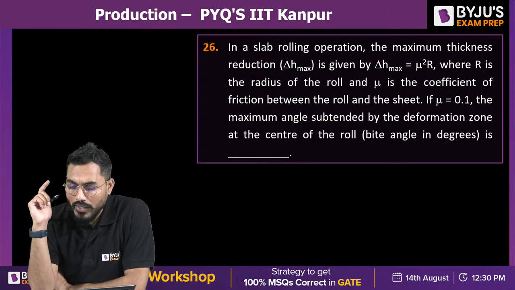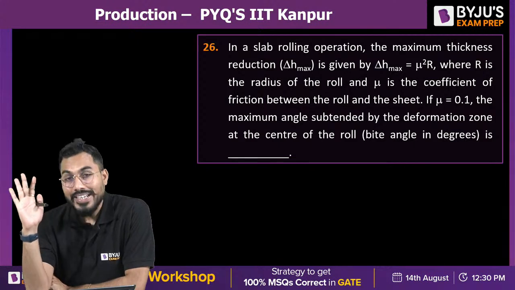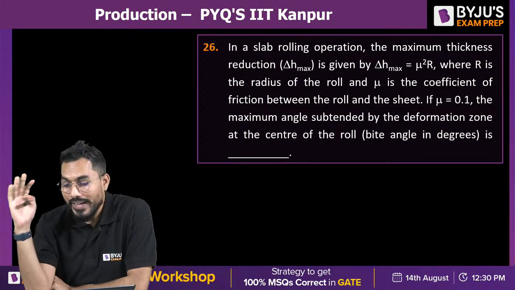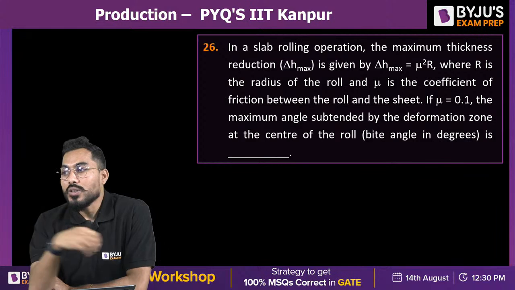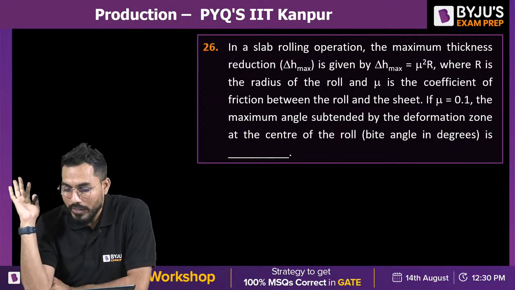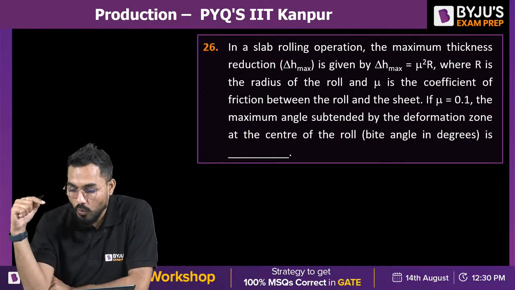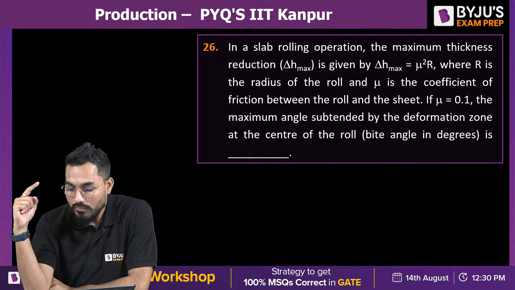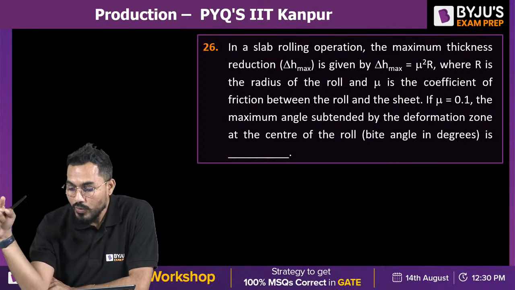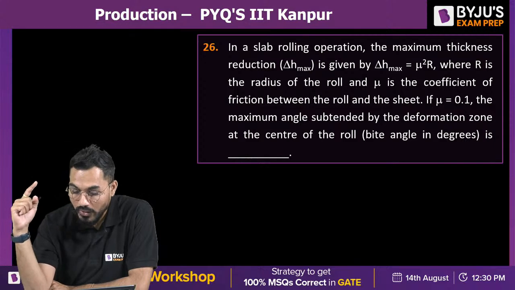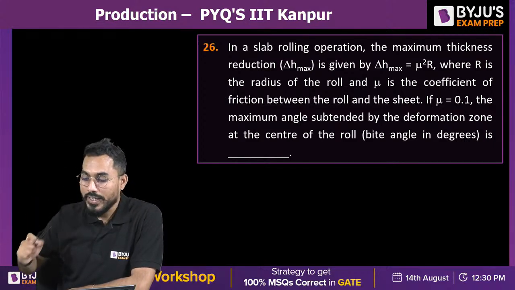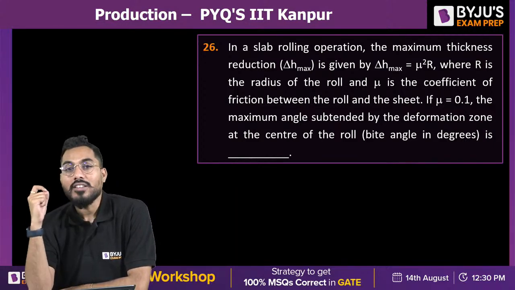In a slab rolling operation, the maximum thickness reduction is delta H max, given by delta H max equal to mu squared into R. So the direct formula is given in the paper itself, where R is the radius of the roll and mu is the coefficient of friction between the roll and the sheet. If mu is exactly equal to 0.1, find the maximum angle subtended by the deformation zone at the center of the roll.